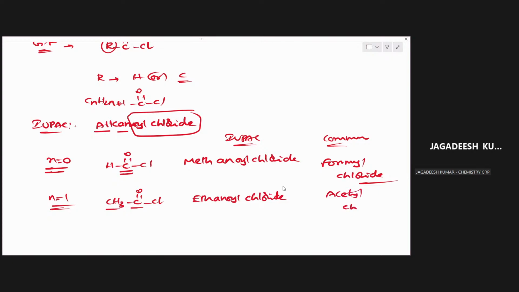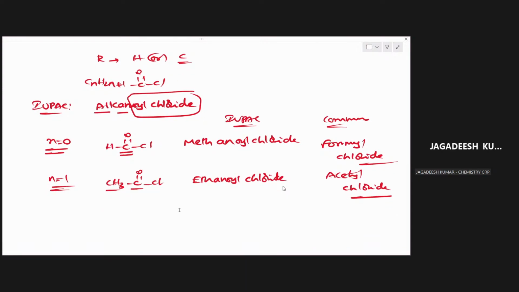So like this we can write the common names also. You can take any value of n and we can write the IUPAC names here. And we know the root words; already we discussed 1 to 100 root words yesterday. So you can take any n value and write the formula. At the same time, based on the number of carbon atoms in the longest chain, you can write the IUPAC name also. So any doubts up to here?